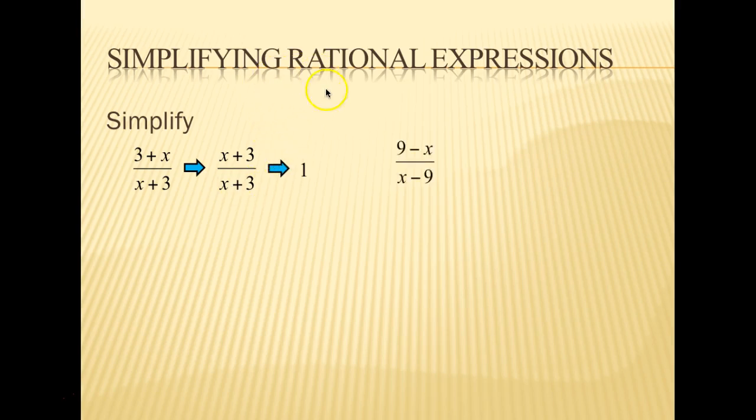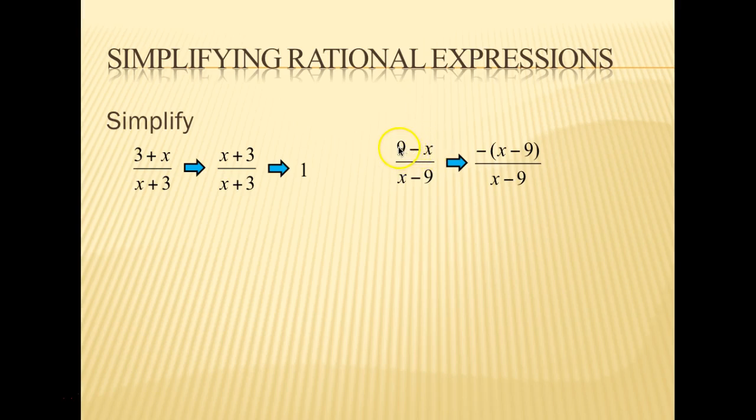In this case, 9 minus x divided by x minus 9. Well, there's a property. This is not the commutative property. But if I change my numerator to x minus 9, it will be equal to the opposite. So actually, x minus 9 equals negative of 9 minus x. So pay attention.